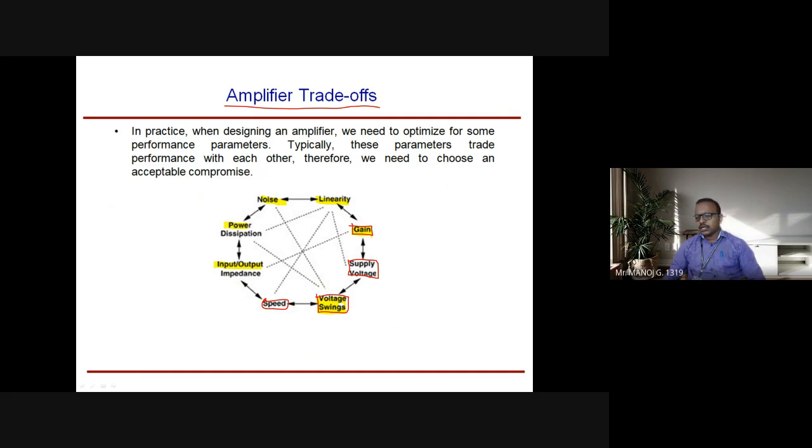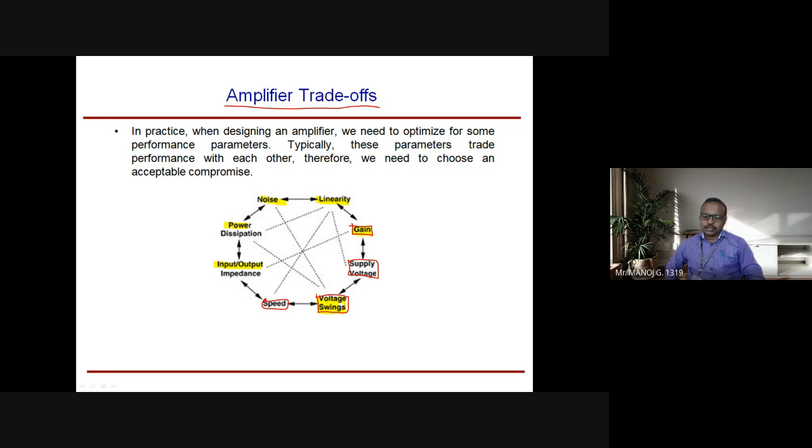Input output ports for amplifier is subjective, sir. Yes, you have input output ports. What do you mean by subjective? Obviously, you have an input to an amplifier, you have an output to an amplifier. But what do you mean by subjective? I'm not getting it. Like we have channels in amplifiers.